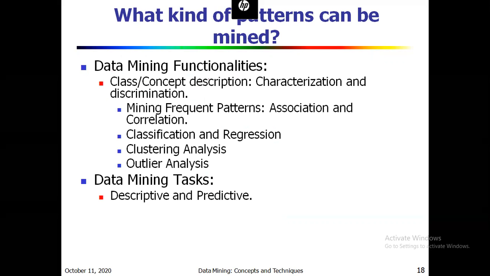The data mining functionalities are characterization and discrimination, association and correlation, classification and regression, clustering analysis, and outlier analysis. Now we put light on these functionalities and relate them with the data mining tasks, which are descriptive and predictive.